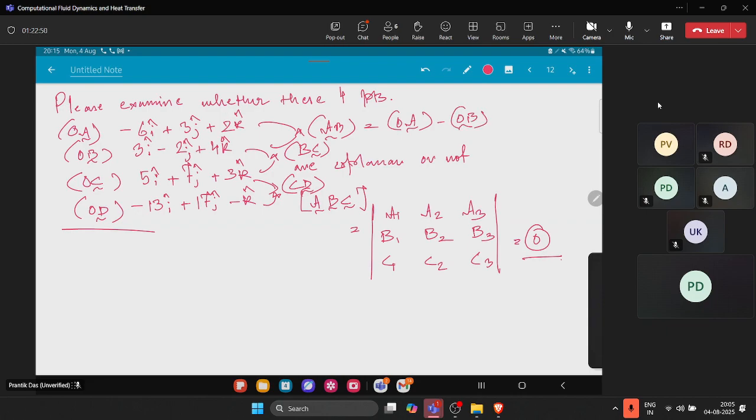Similarly, you have to find the other cases, and then find the scalar triple product, the box product, between these three vectors. If that is equal to 0, then your 4 points, this one, this one, this one, and this one, are coplanar. Okay. Is it clear to all of you?